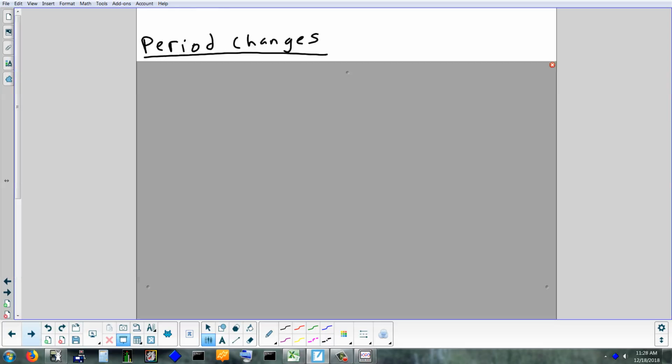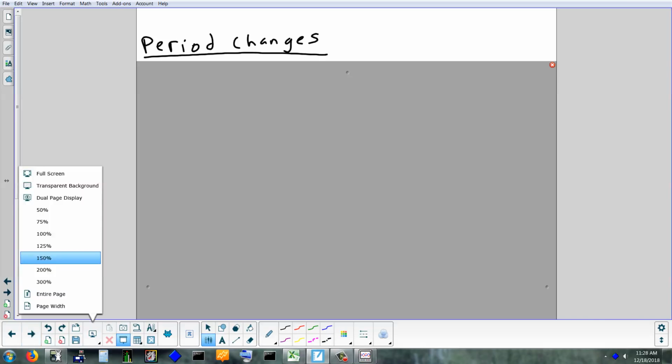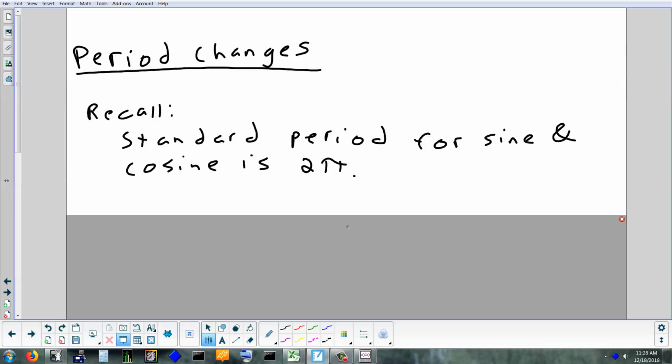Yep, 2 pi. That's the standard period we talked about yesterday. Well, now what we're going to do is stretch or compress it. So we're going to make the graph cycle faster or slower. When it cycles faster or slower, we have to figure out how fast it is cycling. Is it twice as fast? Is it 3 times as fast? Like what's happening?